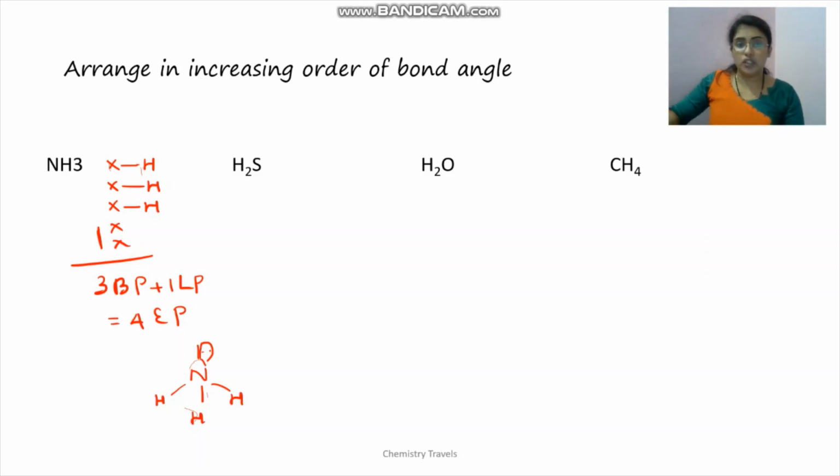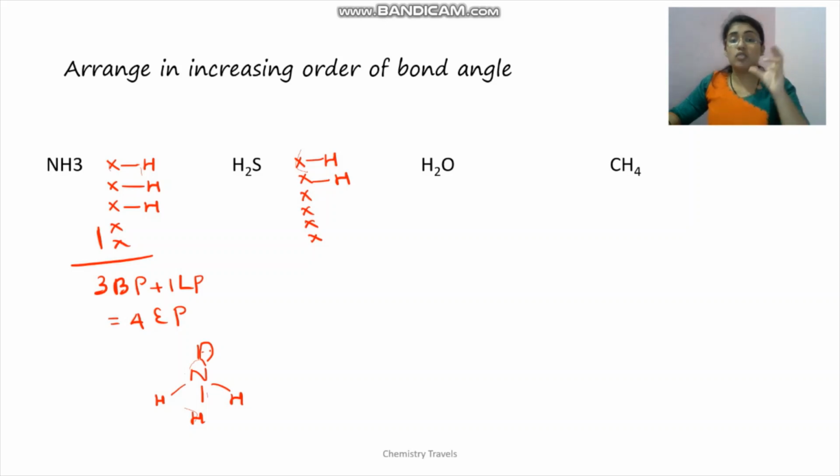Now let us look at the case of H2S. Sulfur is the central atom. Sulfur has 6 valence electrons. One hydrogen would take one electron and the next hydrogen would take another. Now I have 4 valence electrons, and these should form lone pairs, 2 and 2.